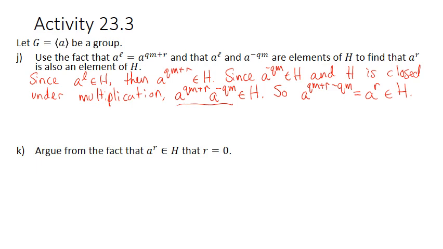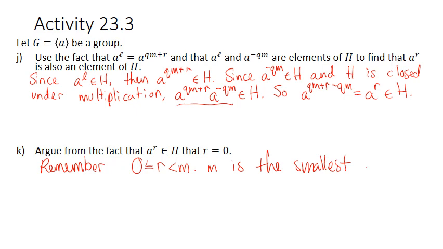So how does that help me here in part K? I'm going to argue from the fact that a to the r is in H to tell me that r actually equals 0. So remember that r is a remainder that we got from the division algorithm. So that means that r is between 0 and m, and it's strictly less than m. And remember, m is the smallest element of S, which is the following set.